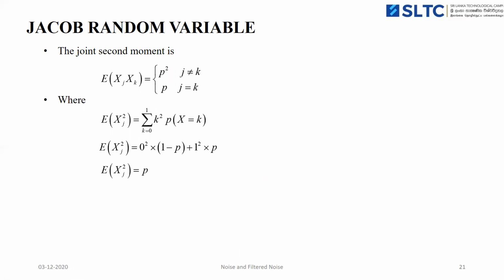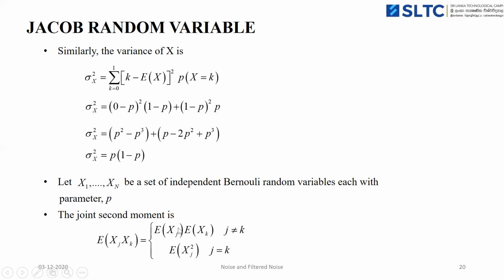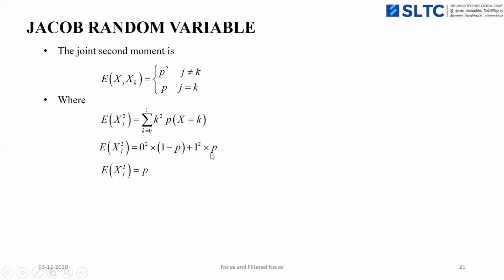Therefore the joint second moment, if j not equal to k, will be p squared, because each one is the individual mean of the Bernoulli random variable. Expectation of Xj equal to p, Xk also p, so p into p equal to p squared. But when j equal to k, it becomes p.